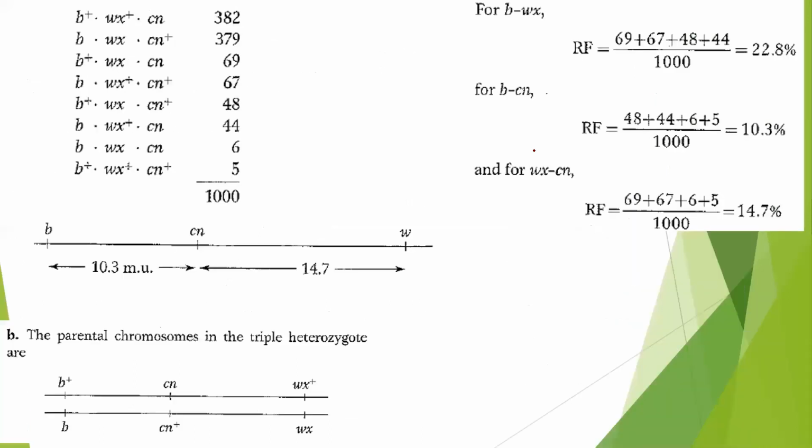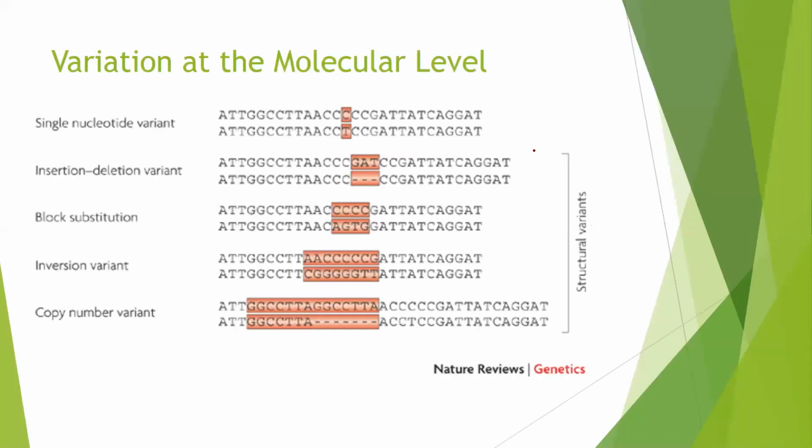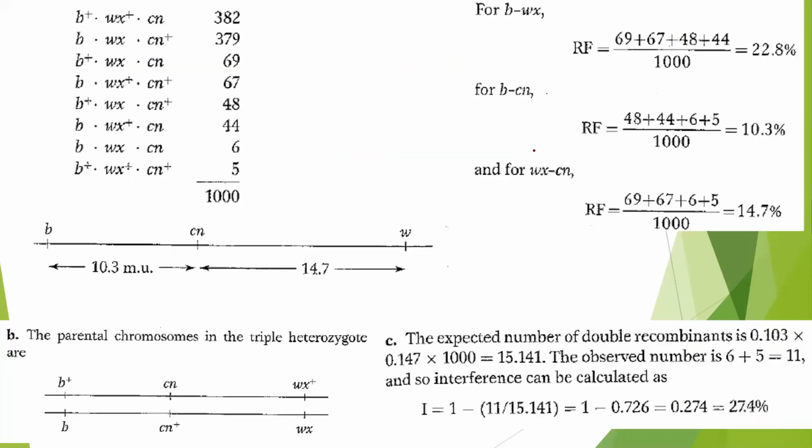Okay. All right. So this is very important. And definitely, I'm going to give you a very similar question like this in your midterm. So make sure you understand the entire process, how we studied data from a 3-point test cross, and how we use the strategy I just showed you to figure out the draft map.